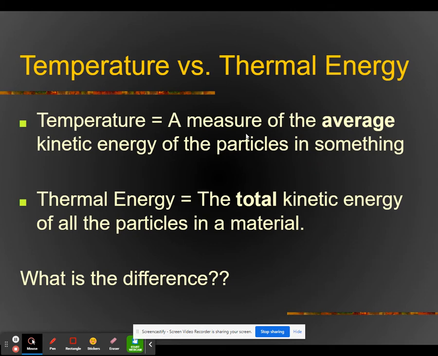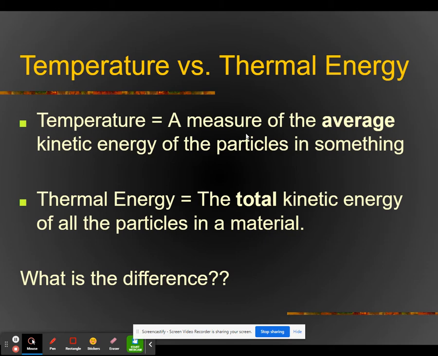I wanted to talk for just a minute about the similarities and differences between temperature and thermal energy. Remember that temperature is the average, keyword, average kinetic energy of the particles in something. And thermal energy is the total kinetic energy of all the particles in a material.